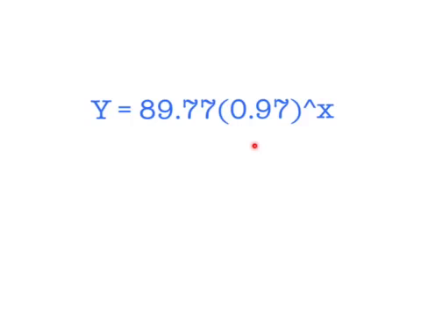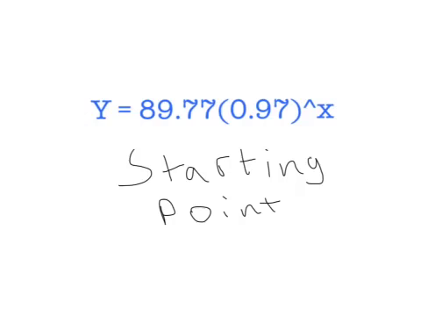The next point, which is here, is the decay rate. Same as the growth rate, only one shrinks and one grows. The decay rate is 0.97. And here is the power, to the power of x, meaning it can be put to any power. So you can put any number where x is, and it should find the point on the graph that matches the minute that the probe picked up.